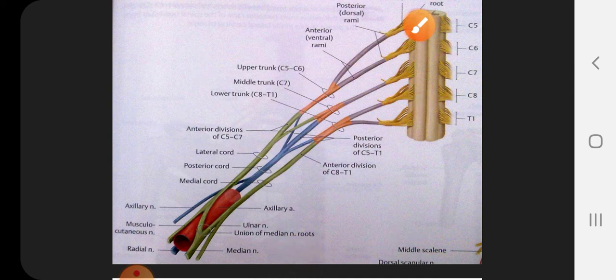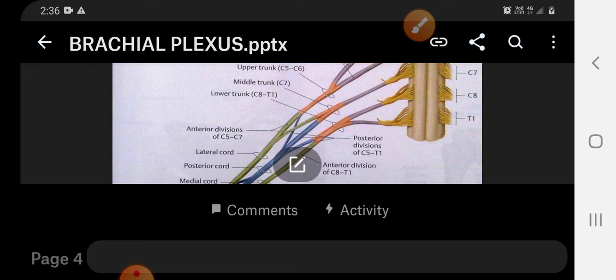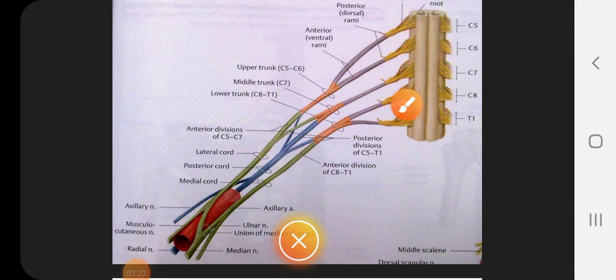So the brachial plexus has different parts. Number one, it has the roots, the trunks, divisions, and cords. These are the different parts of the brachial plexus. We'll go again. These are the roots. After the roots, it is the trunks: upper trunk, middle trunk, lower trunk of the brachial plexus.